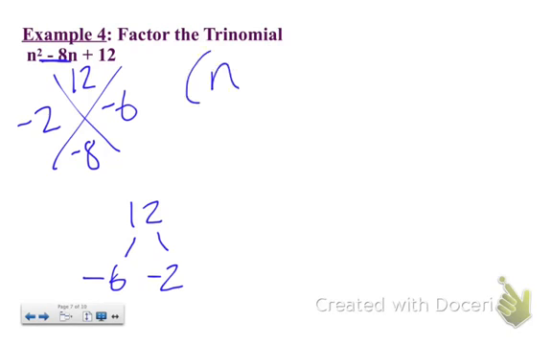So now I have n minus 2, n minus 6, and then you can always check. So n squared minus 2n minus 6n becomes minus 8n, and then plus 12. So we know that's right.